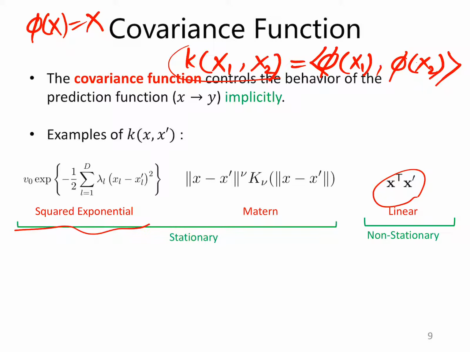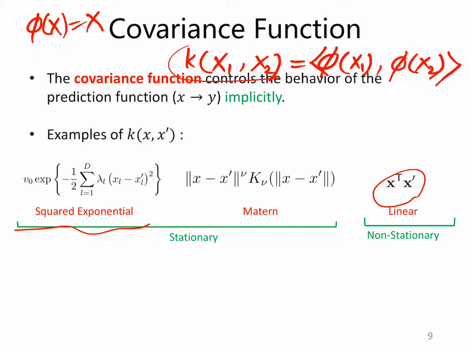The question is, what kind of phi produces this RBF kernel? The answer was basically one of the reasons why we went to directly model K instead of designing phi. If the algorithm just has to impose some sort of similarity between points, I don't need to have a phi.